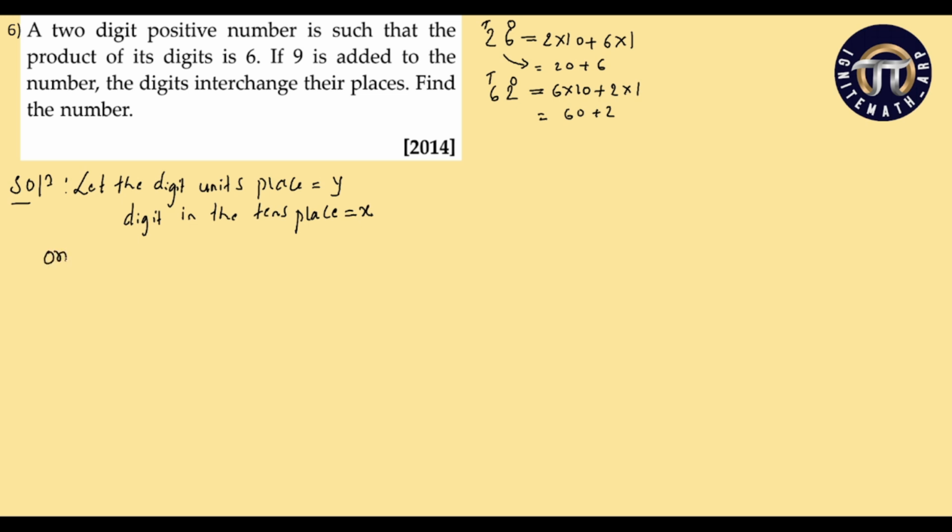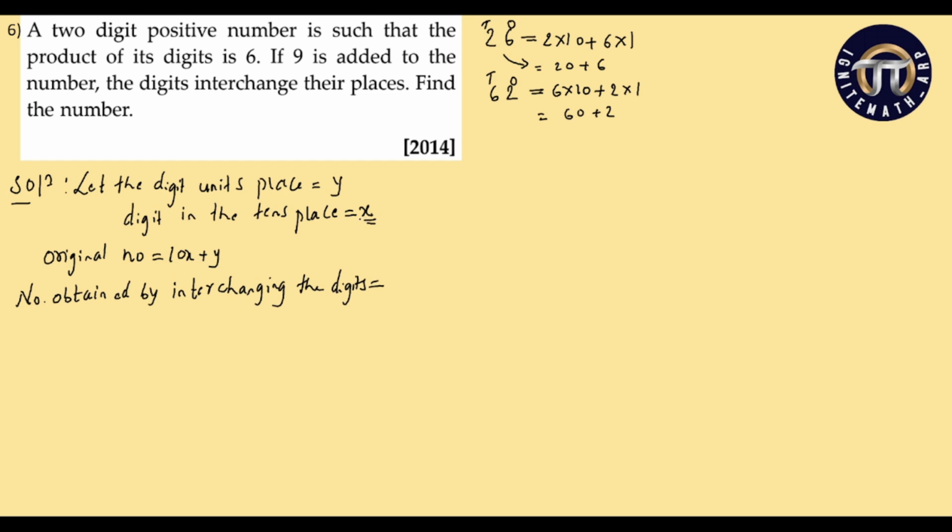Therefore, what is the original number? The original number is equal to, since x is in the tens place, 10x plus y. This is the original number. And the number obtained by interchanging the digits: now the tens place is x, the ones place is y.